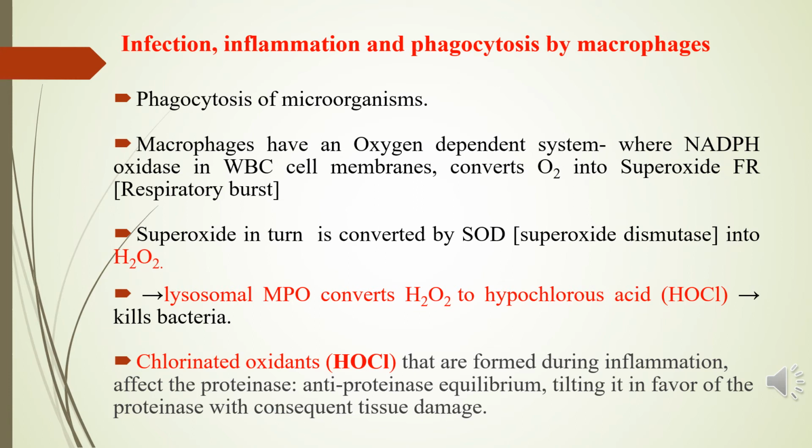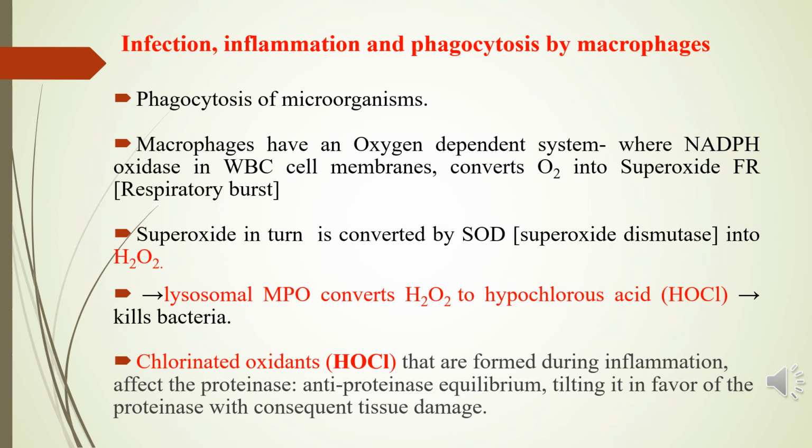Lysosomal myeloperoxidase converts this hydrogen peroxide into hypochlorous acid, which kills bacteria. So conditions of deficiency of the NADPH oxidase are also associated with chronic granulomatosis and chronic lung disease.